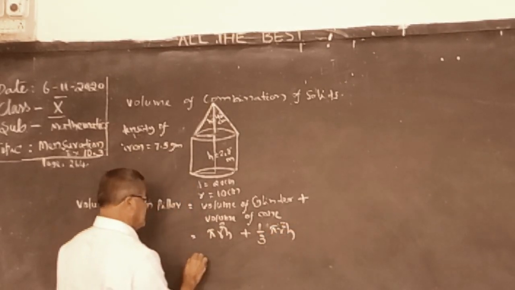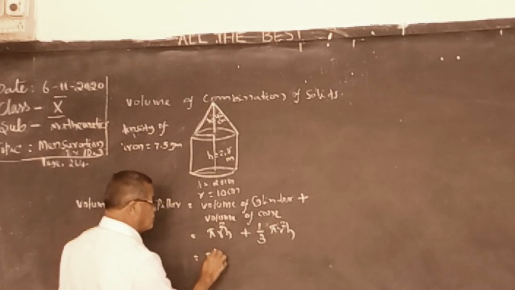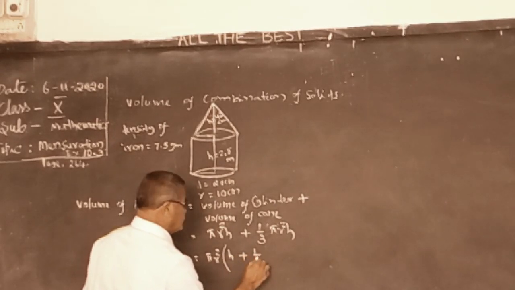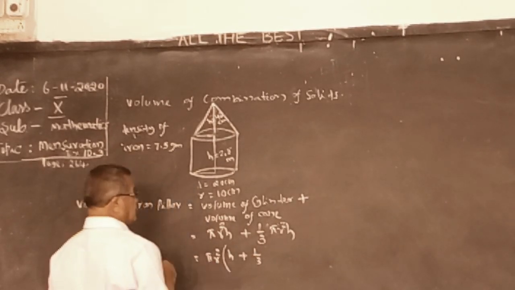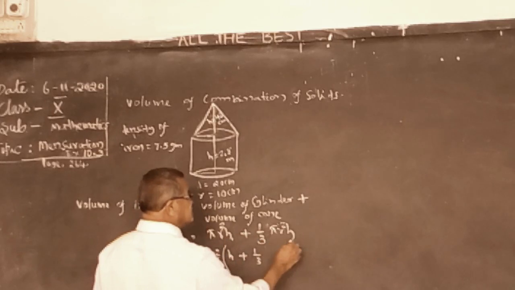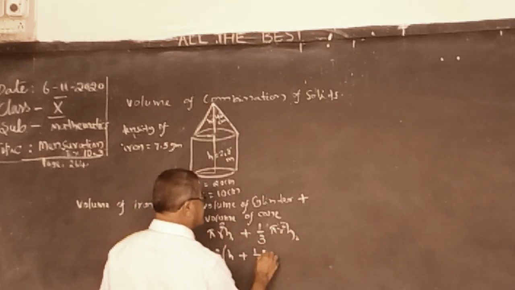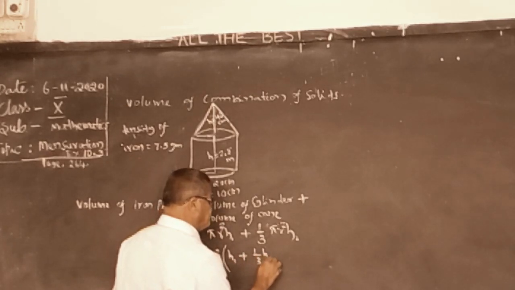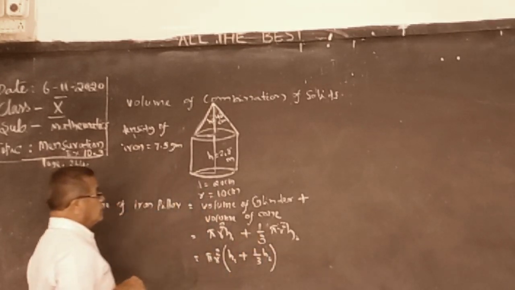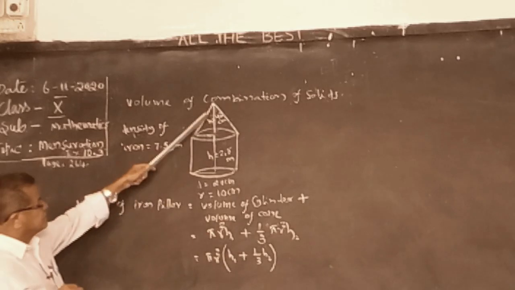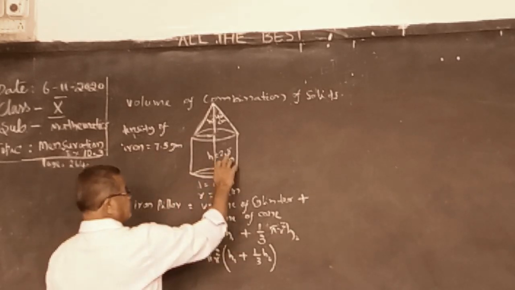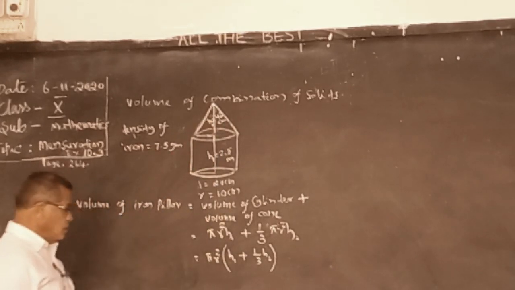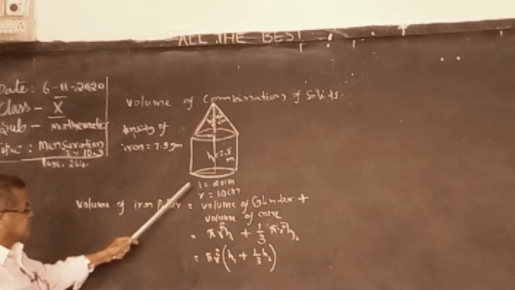Taking pi r square common, here what remains, h and here 1/3. This is h1, this is h2. Here h are different. So h1 plus h2, 2.8 meter, this is h2. Now substitute the values.